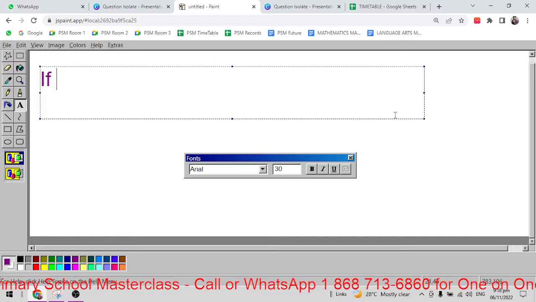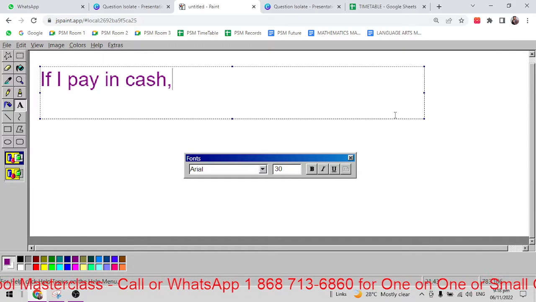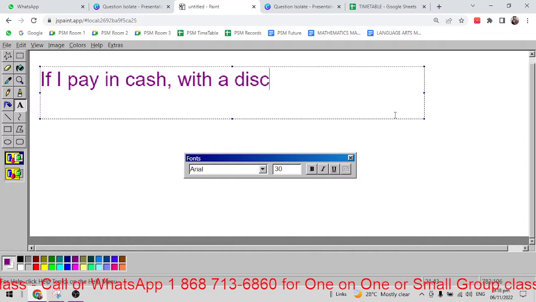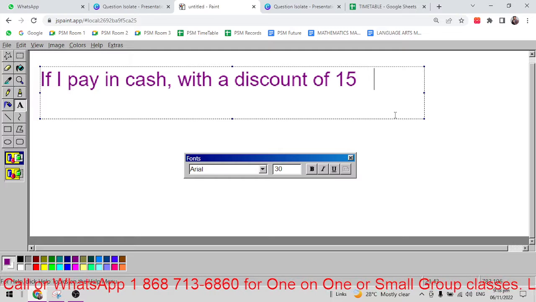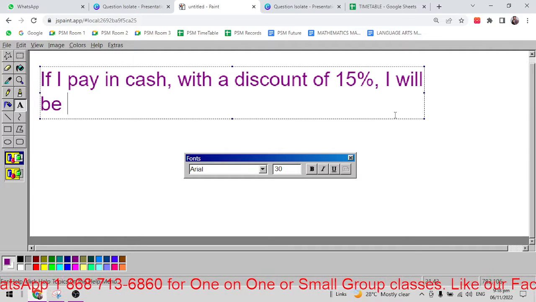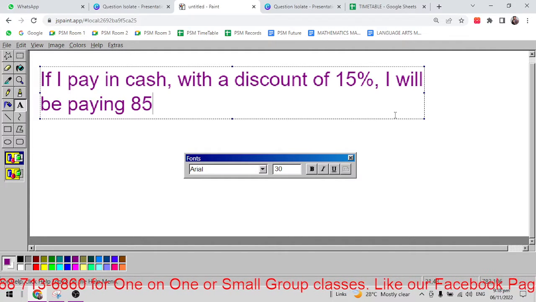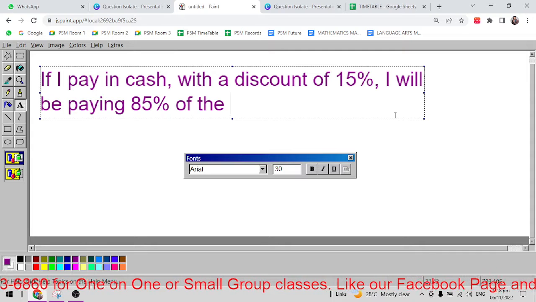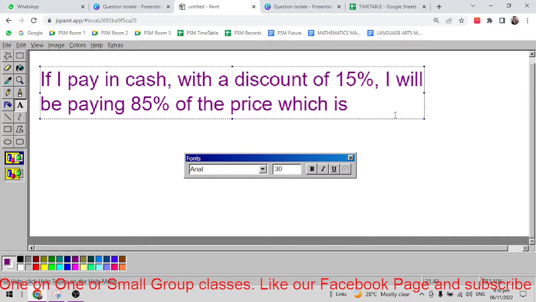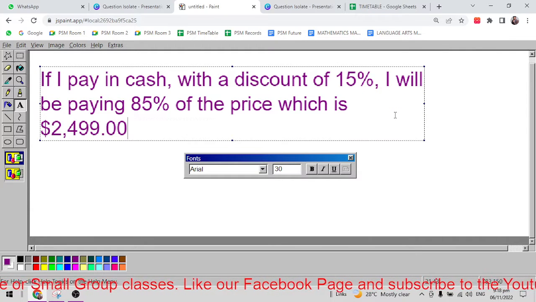In other words, if I pay in cash with a discount of 15%, I will be paying 85% of the price, which is $2,499.